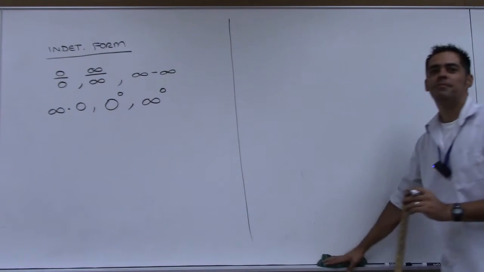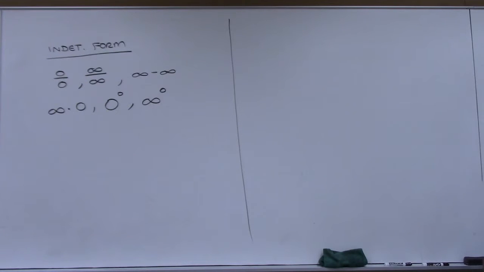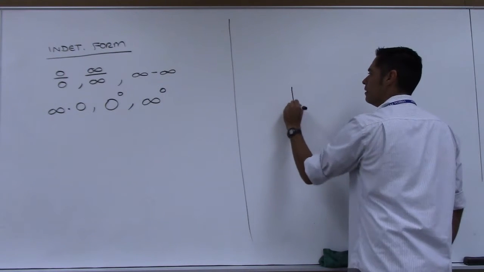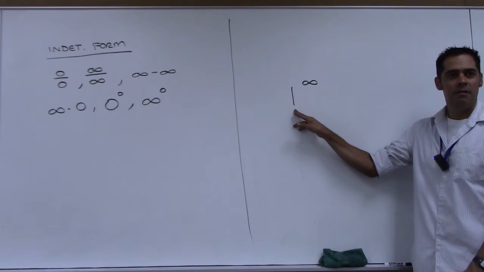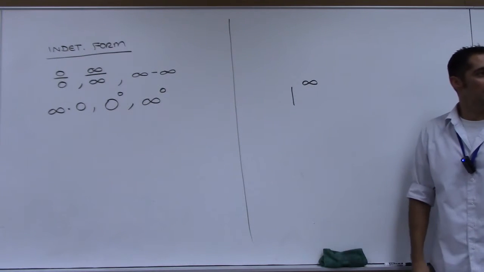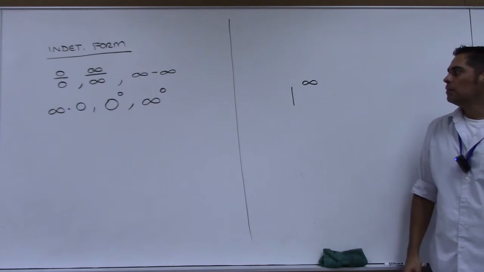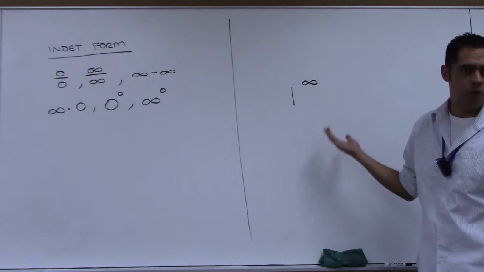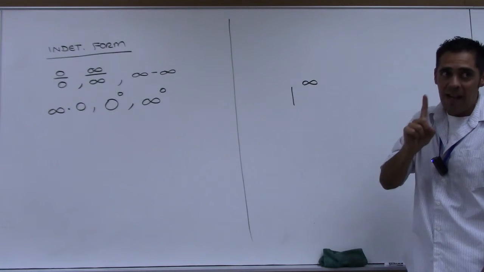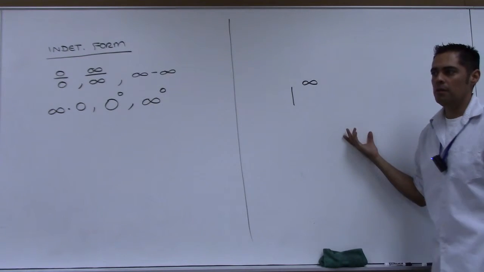Anything else? 1 to the infinity. Now again, remember, I'm not saying the number 1. I'm saying the base is trying to become 1. So we already said 1 to any power should be 1. That's if it's exactly 1.